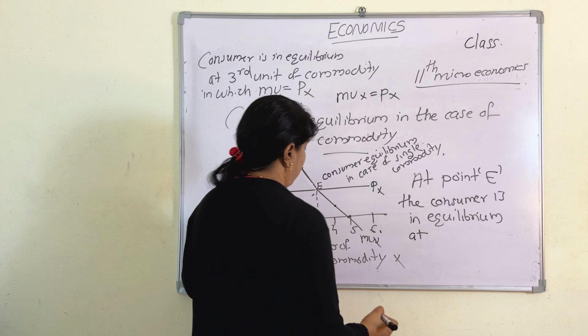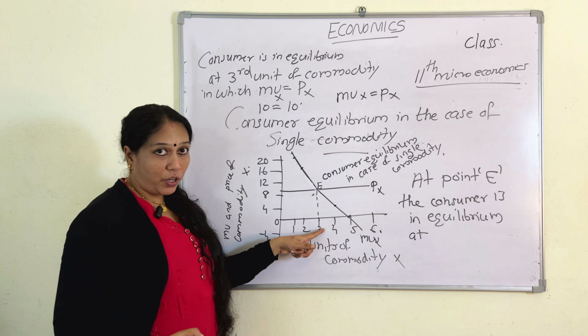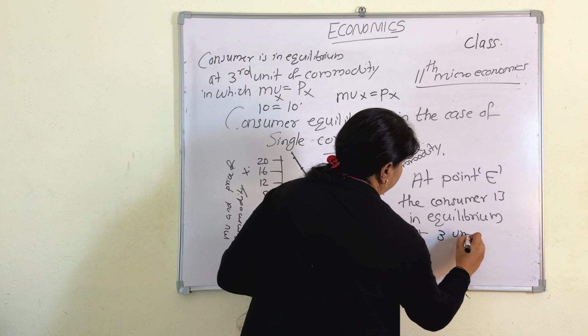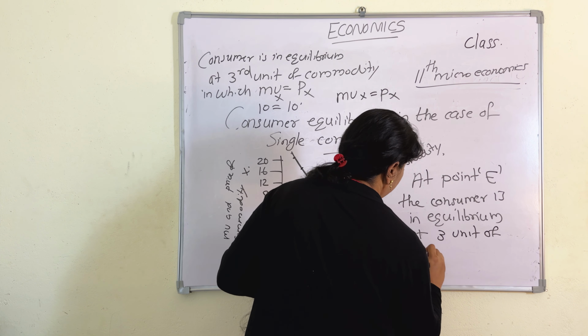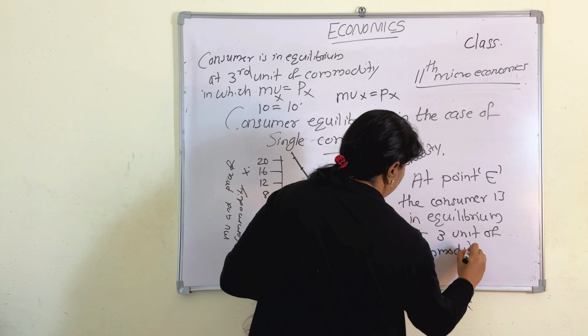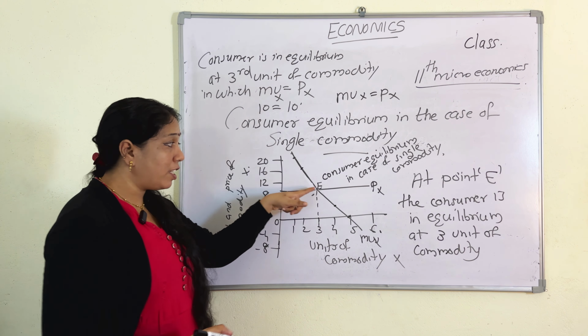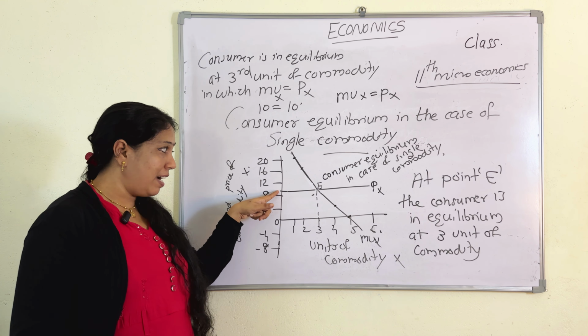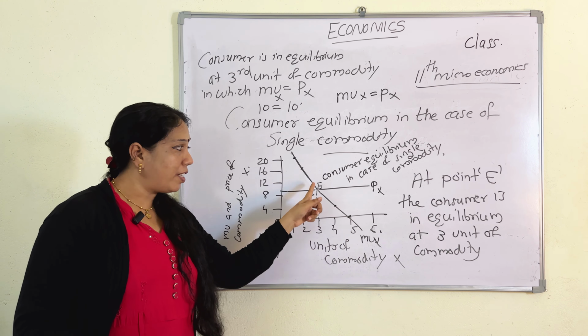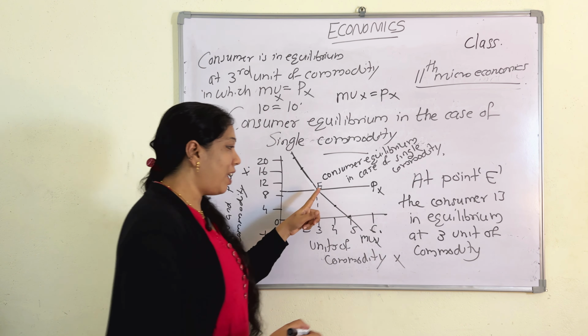At point E, the consumer is in equilibrium at 3 units of the commodity. Here you can see that price of the X commodity is 10 and marginal utility is also 10. Both are equal.